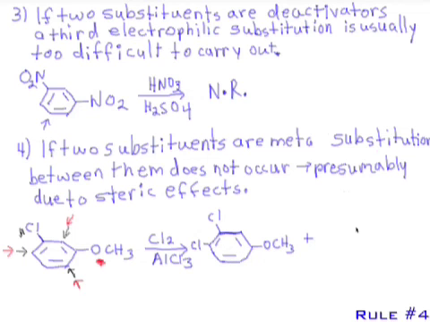The next possible product, of course, is ortho to the OCH3, but para to the Cl. The last possibility would be between the chloro and the methoxy.